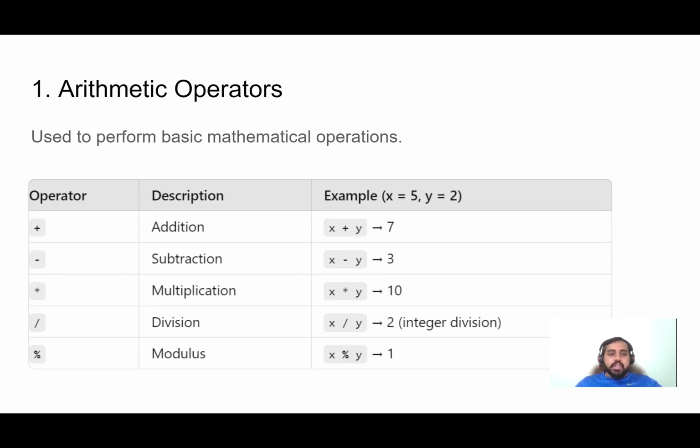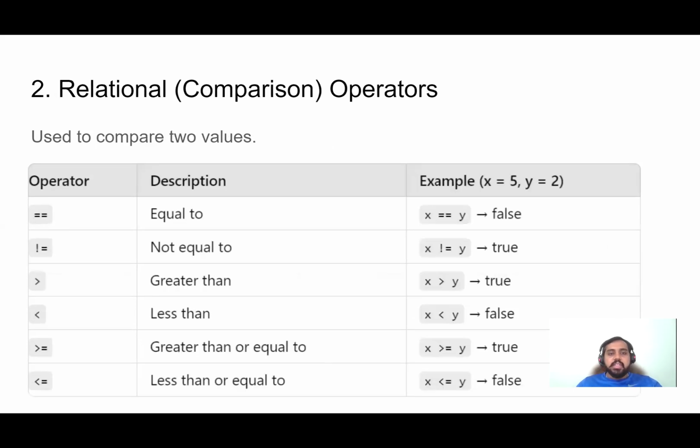So let's see the next operator, the relational or comparison operator. The special thing here is that the result is always a Boolean value, because this is used to compare two values. We have equals to.